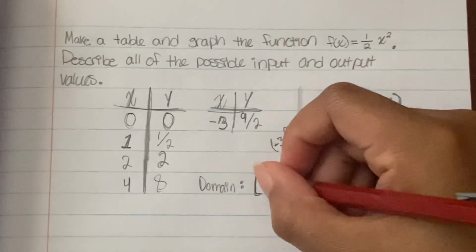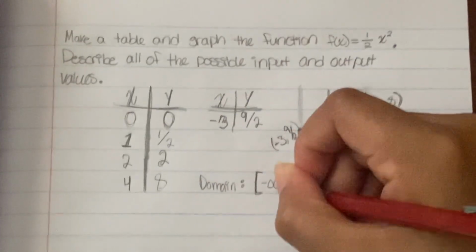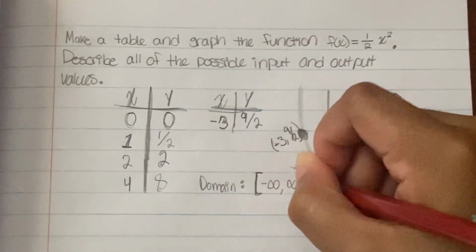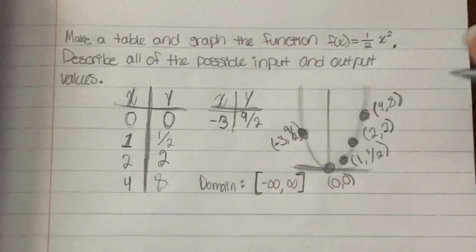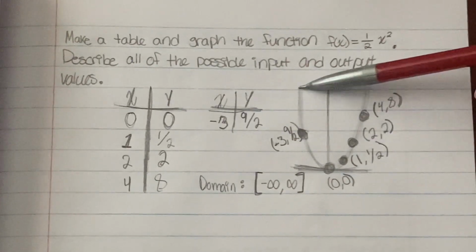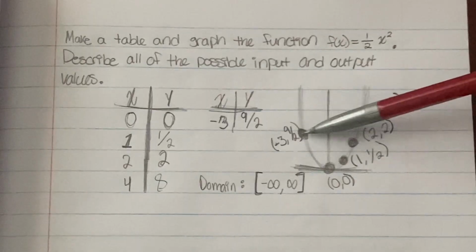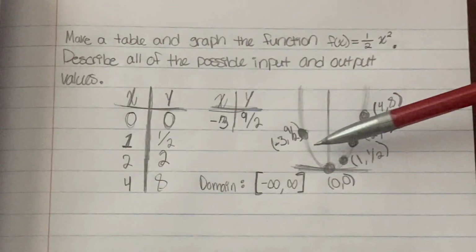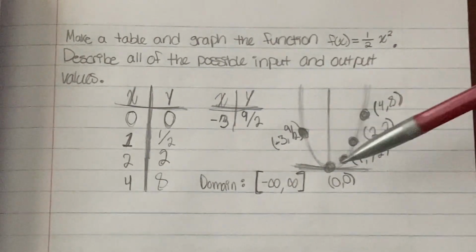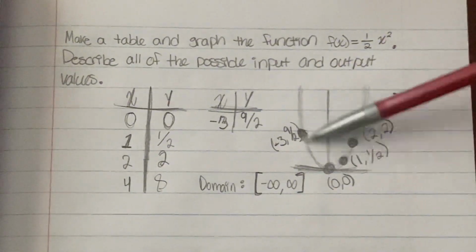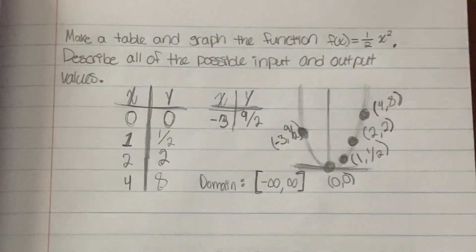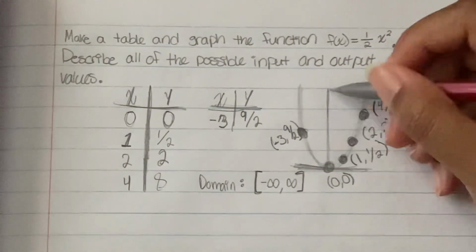Negative infinity to positive infinity should be the domain, because this looks like it's going straight up, but it is moving, like it's getting smaller the distance that it's moving over by, but it's not going straight.